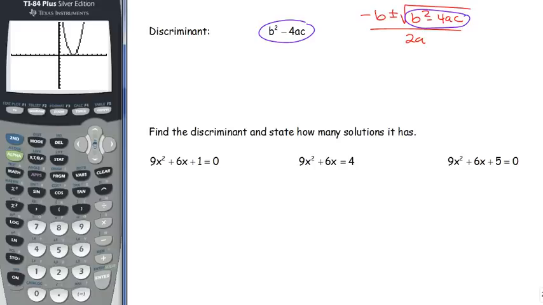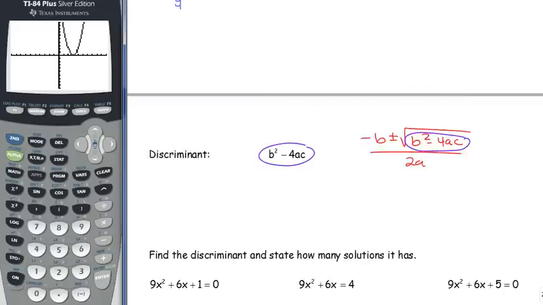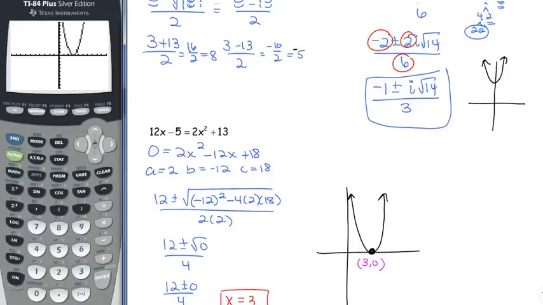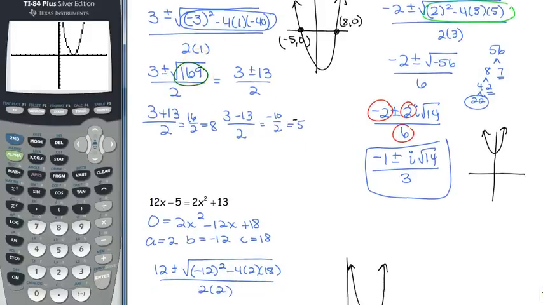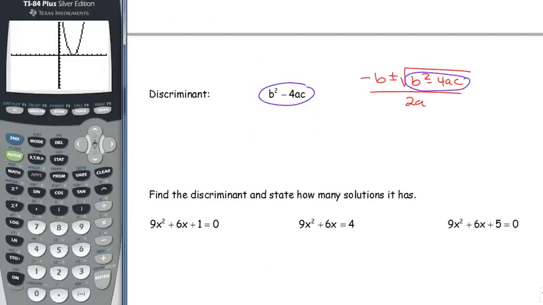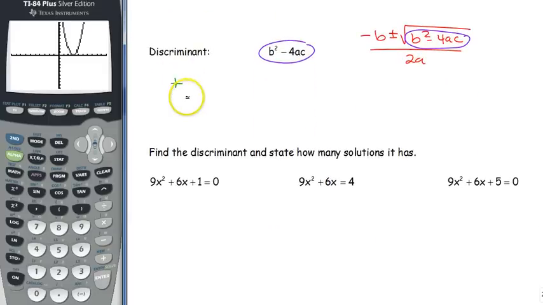When we look back at the first example, flipping back and forth here, the number underneath the square root sign was 169. It was a positive value. And when you took the square root of that positive value, you added a number and you subtracted a number. So when the discriminant was positive, we got 2 real solutions. On the second example, the discriminant was a negative 56.